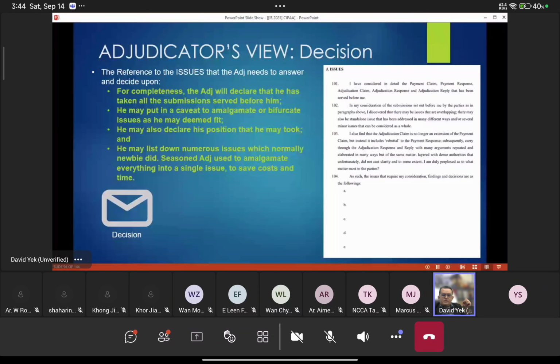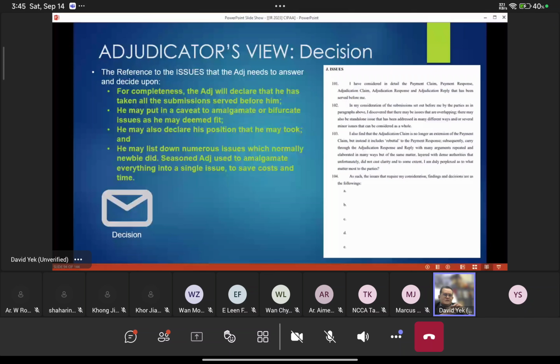And then the adjudicator will have to list down all the issues that the parties have raised. The adjudicator cannot answer an issue that the parties did not raise. So there's an axiom for this.